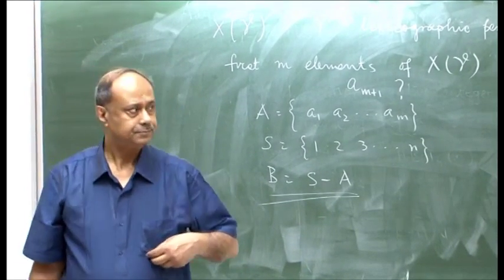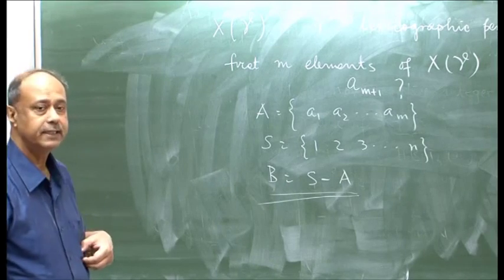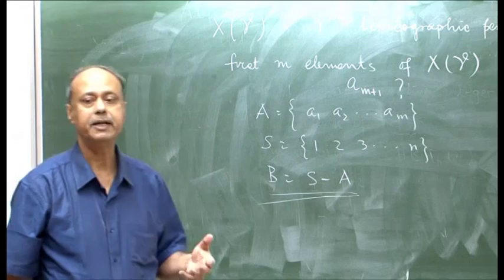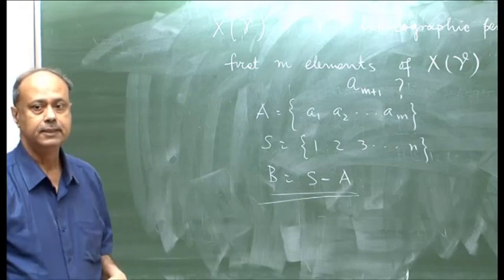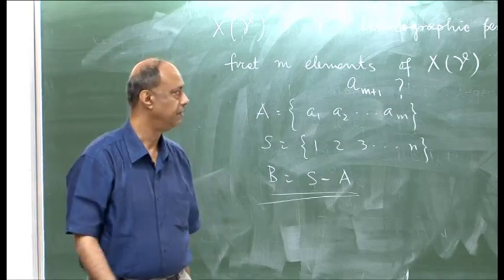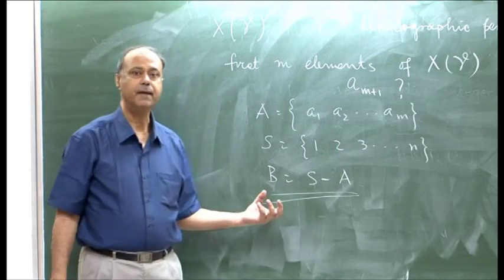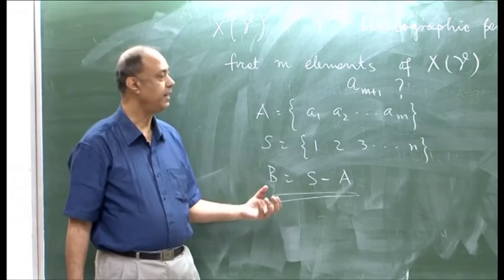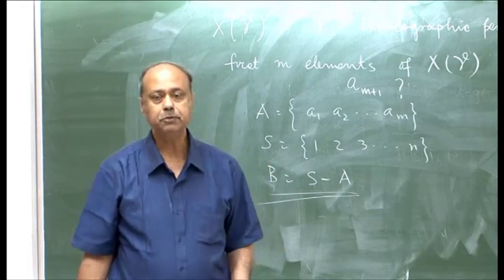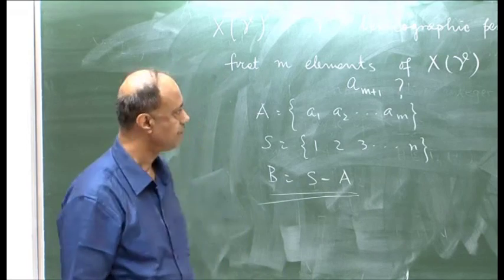But remember one thing, that I don't have B, I have A, because I have generated A1, A2, A3 and so on. So can I get the value of the kth smallest element of B from A? If I can do it, then I am through.